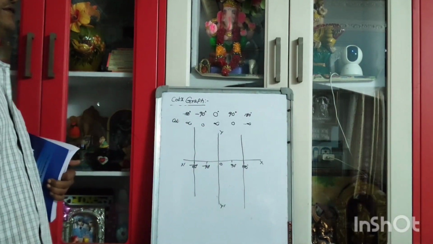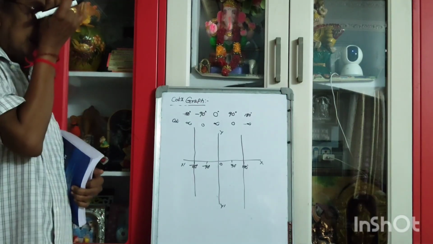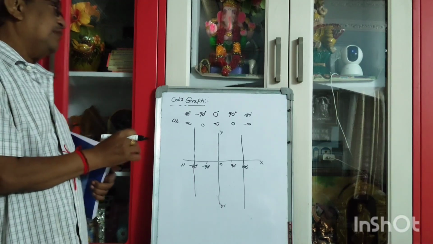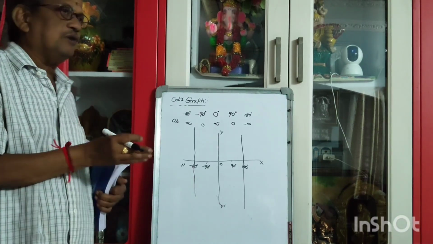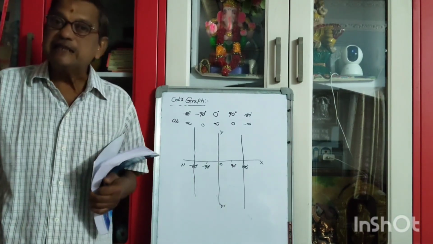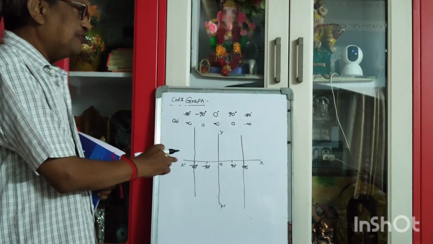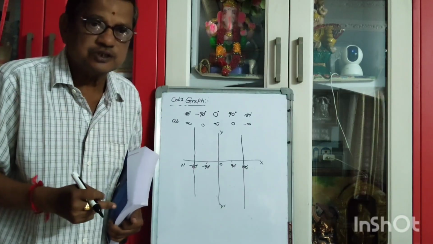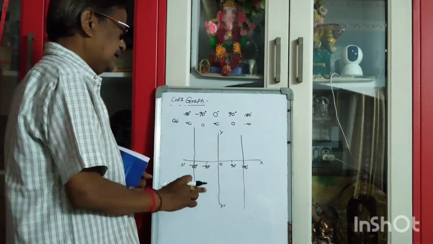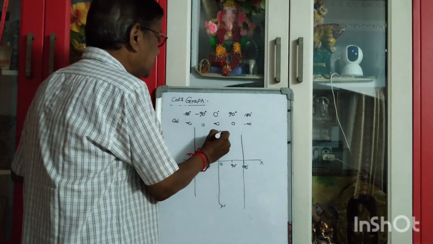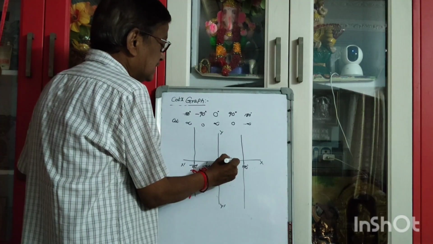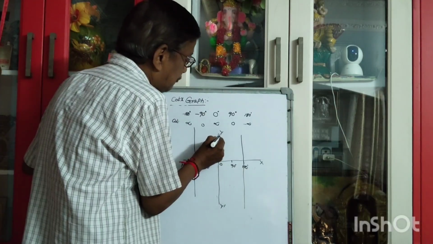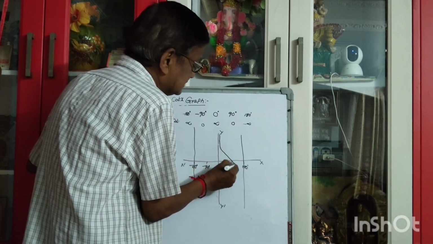In tan x, we are drawing parallel lines at 90 and minus 90. In this graph, we are drawing parallel lines at 180 and minus 180 degrees. This graph does not pass through origin. The tan x graph passes through origin. Now, at 0 it is infinity. At 90 it is 0, at 180 minus infinity, and the graph passes through like this.